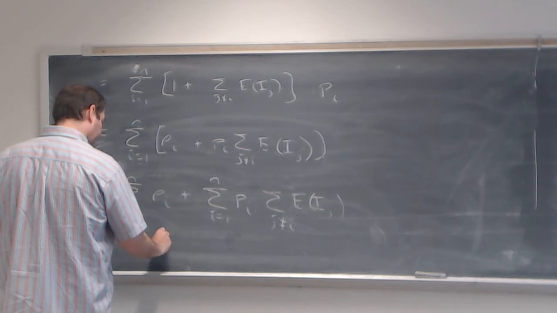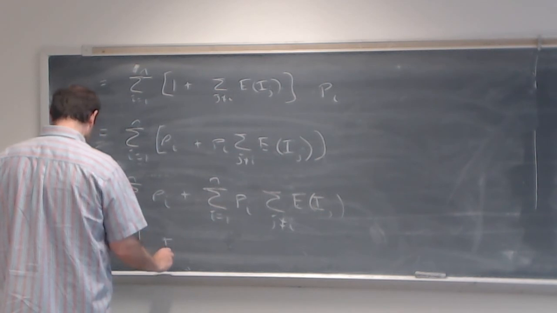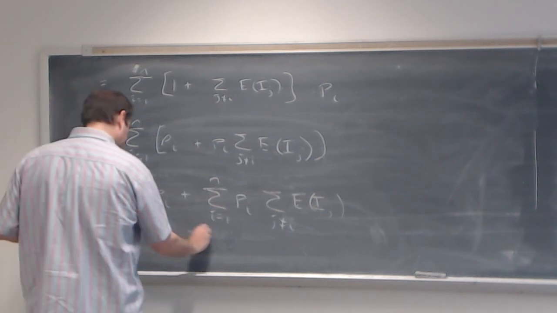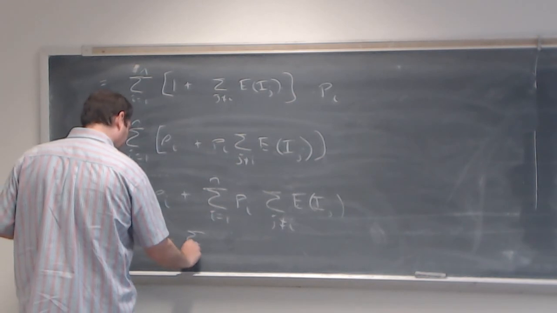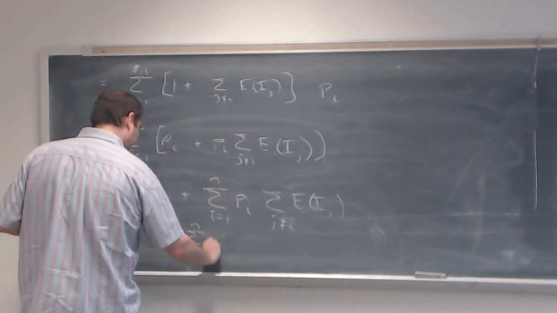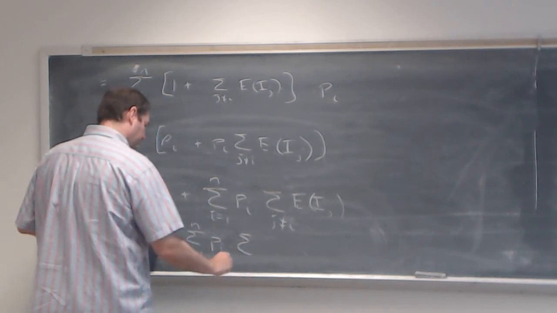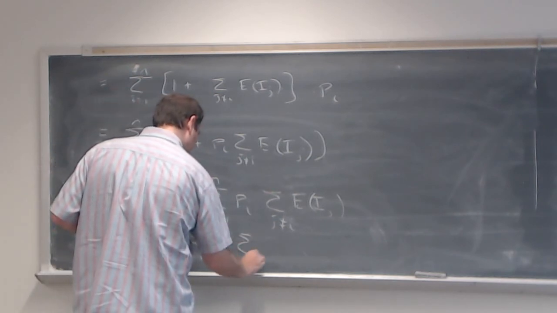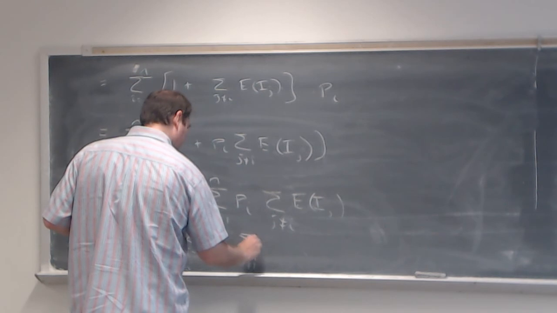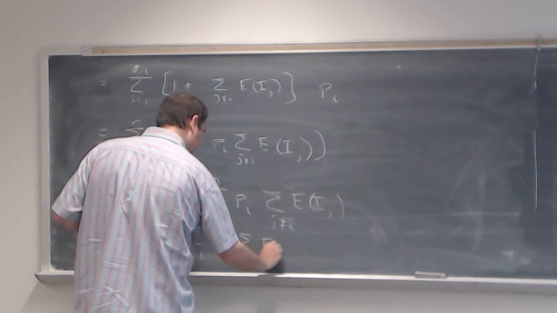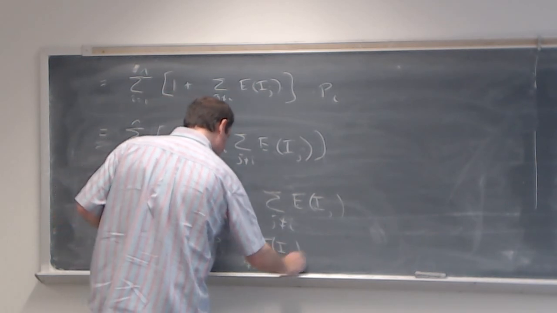And so I'll rewrite this as 1 plus the sum as I runs from 1 to n of P sub I times the sum over j being different than I of the E sub I j.